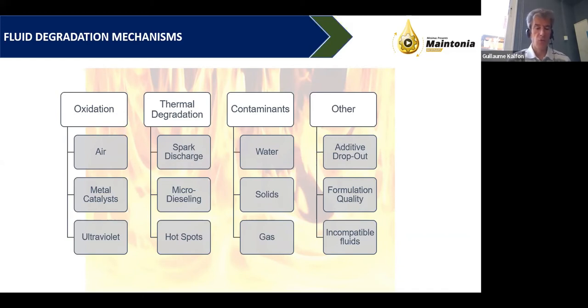And this causes extreme heat at the point where the spark takes place. We have also micro-dieseling, which is the result of cavitation, which is implosion of bubbles inside the oil. And this implosion is such that it auto-ignites, it self-ignites, just as the oil droplets do inside the diesel engine.